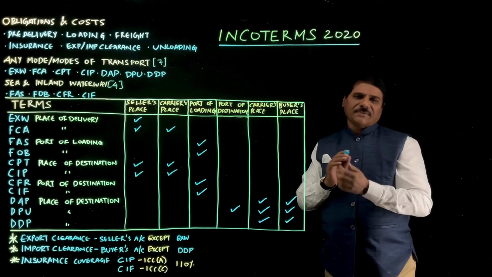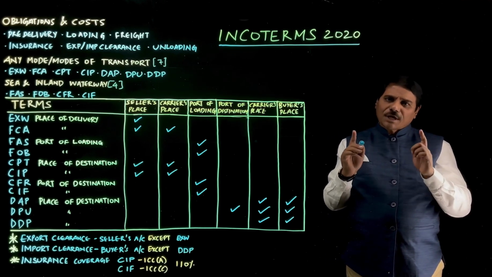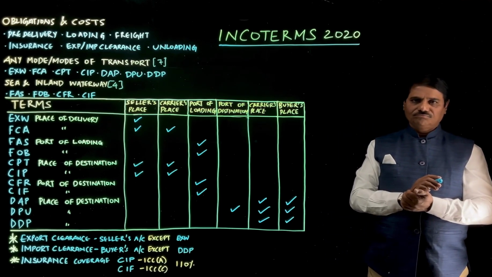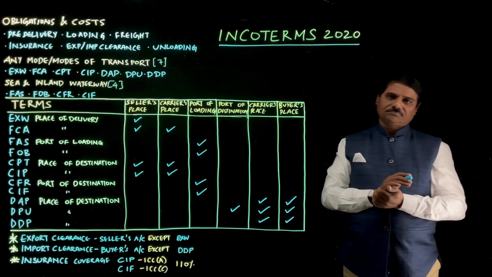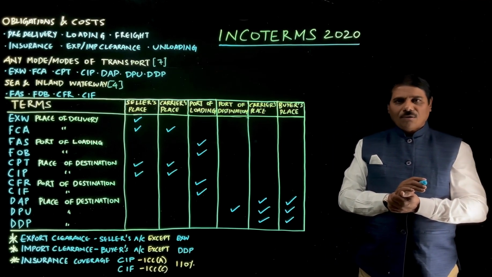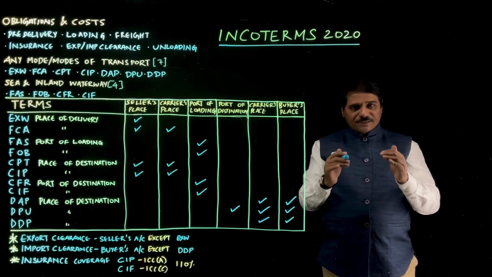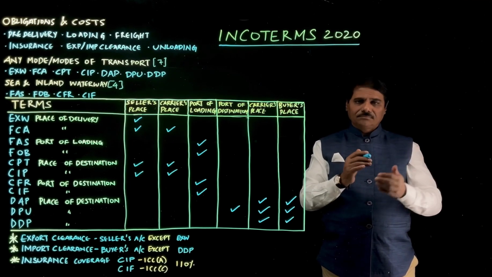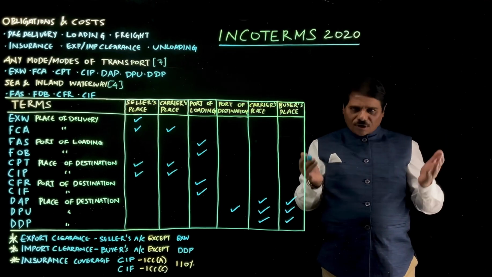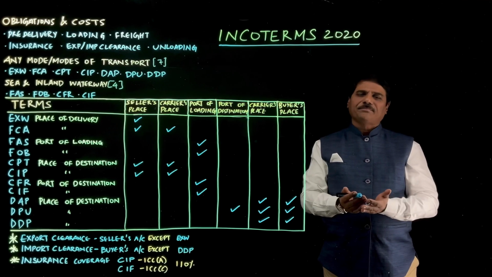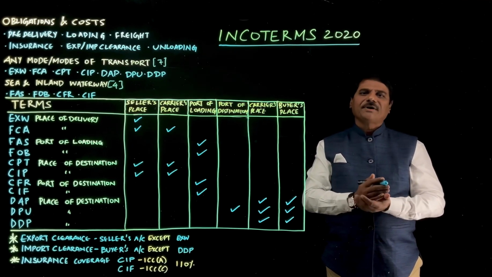See, in case of sea shipments, you have two types of shipments. One, goods may be shipped through containers, or goods may be shipped in bulk. In bulk means loose cargo, like coal shipments or crude oil shipments.